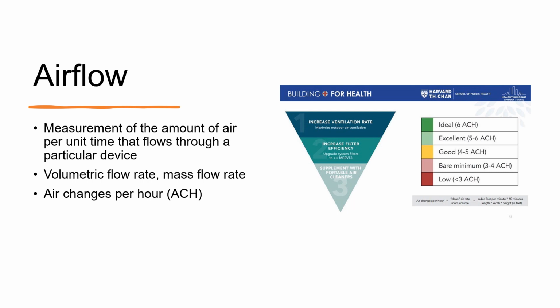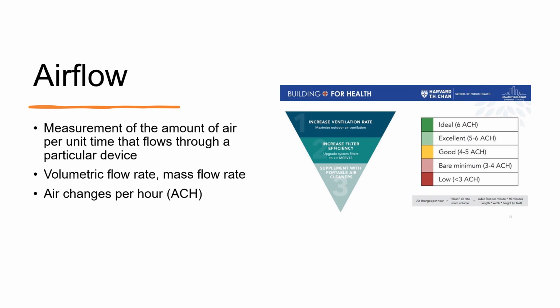This can be described either as volumetric airflow rate, which is the volume of air per unit time, or as mass flow rate, which is the mass of air per unit time. Airflow can be induced mechanically or take place passively, and you'll see how the methods that we discuss later will utilize one or the other or a combination of the two.